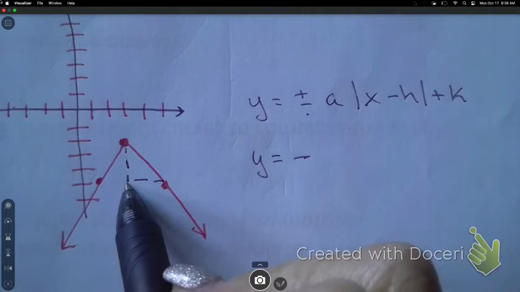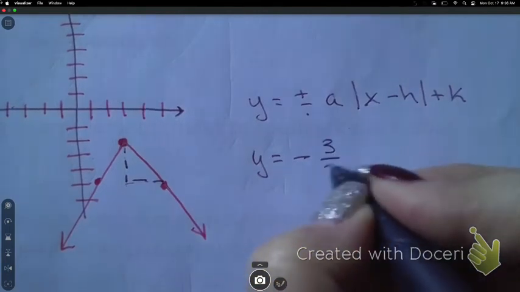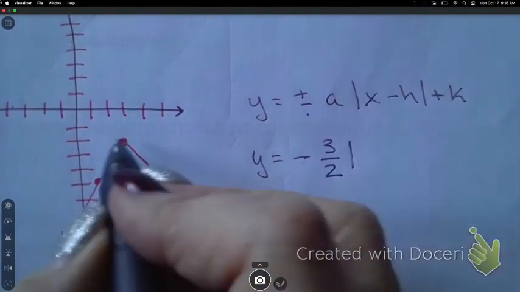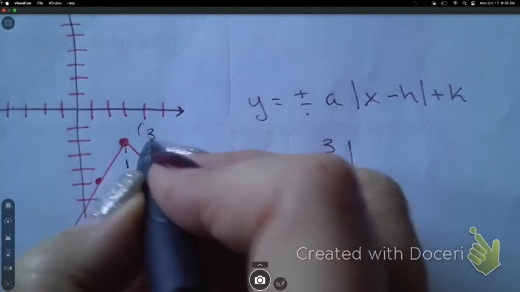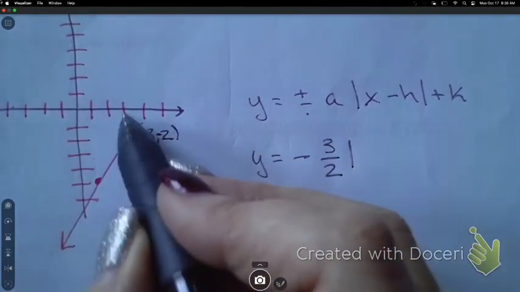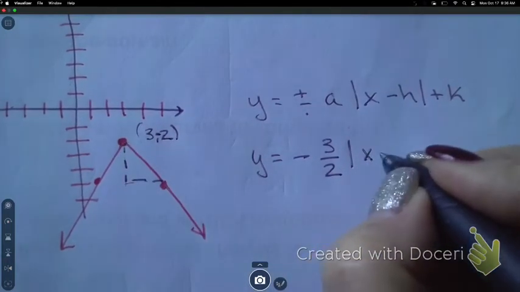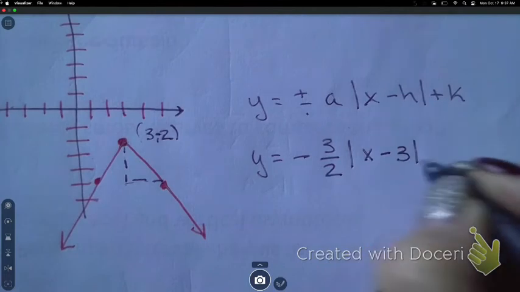And 1, 2. So it's 3 over 2. Alright. So my vertex is 3, negative 2.